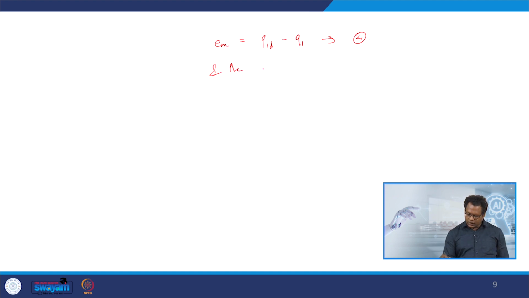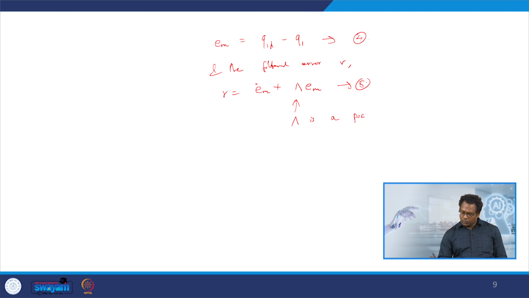Let the filtered error R be given by R equal to Em dot plus lambda Em, where lambda is a positive diagonal matrix, for the design of the controller.